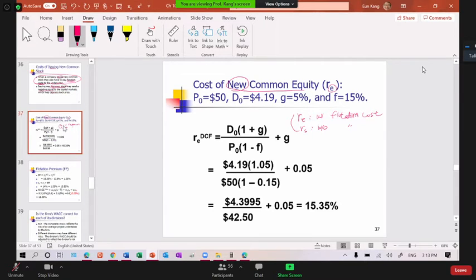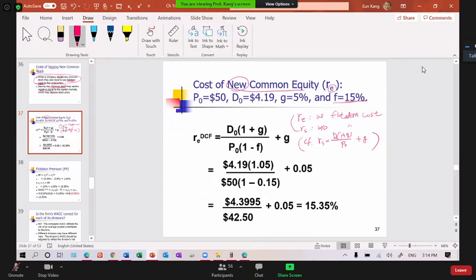So the formula for RS is D0 times 1 plus g over P0, plus g, right? That is for RS, no flotation cost. But look at this.